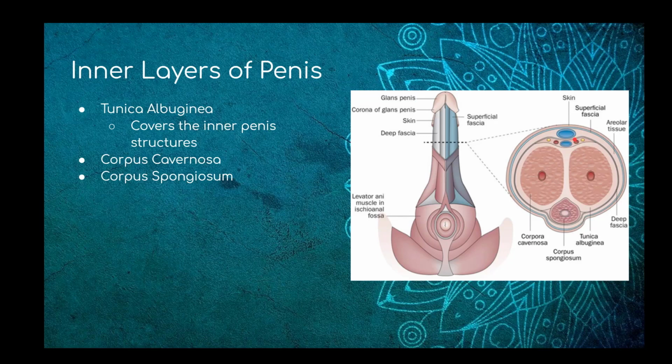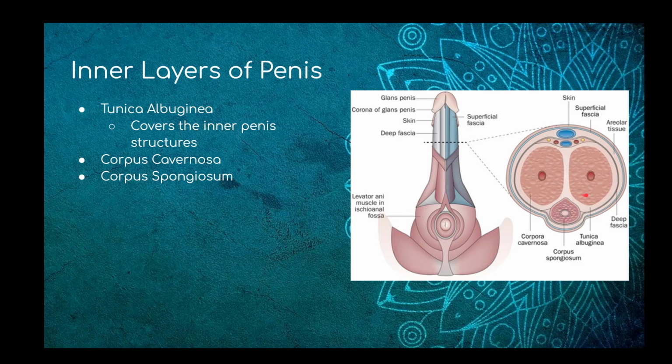Once we get into the inner layers of the penis, they are covered by the tunica albuginea, just like the testicles are. It's going to cover the innards of the penis, so the corpus cavernosa, and then it's going to partially cover the corpus spongiosum.